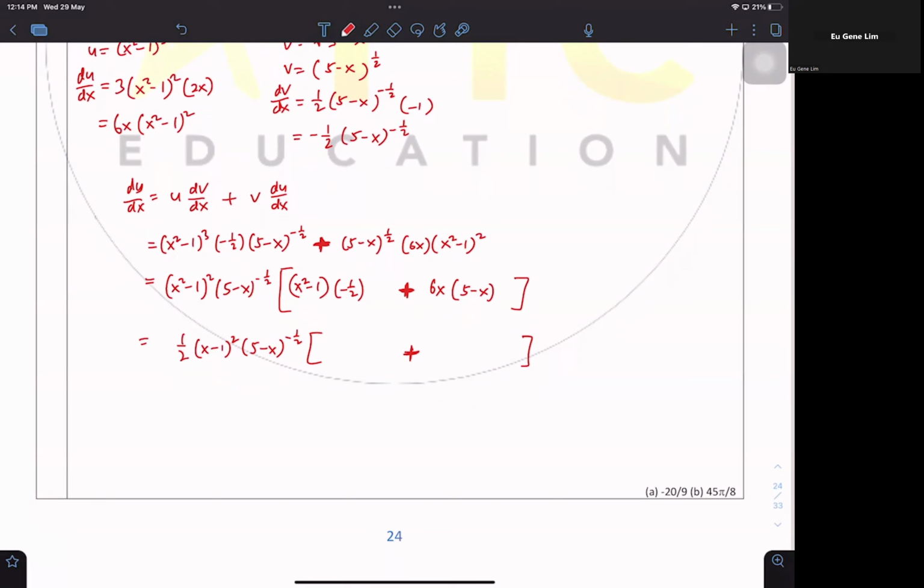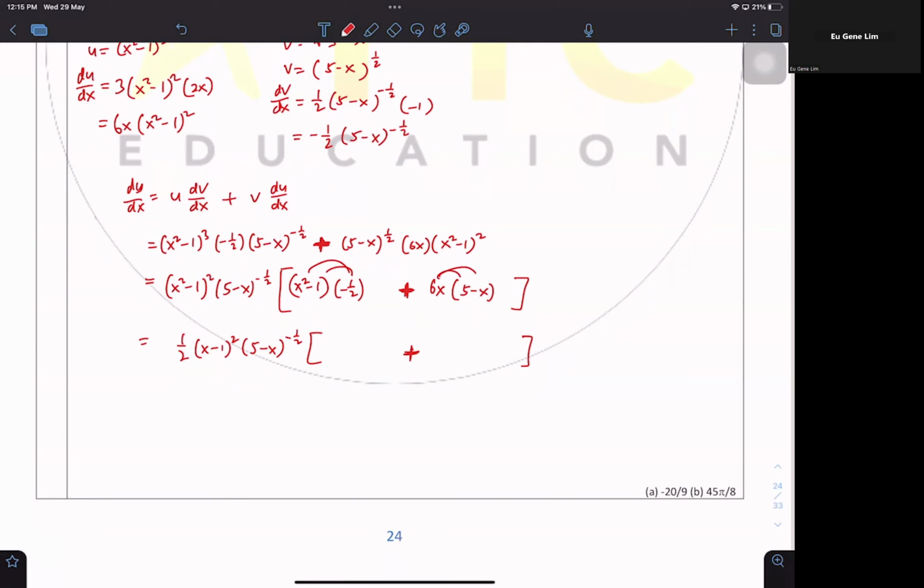If you don't factorize, it's acceptable. Actually also can. You just expand, you just calculate, and then answer.